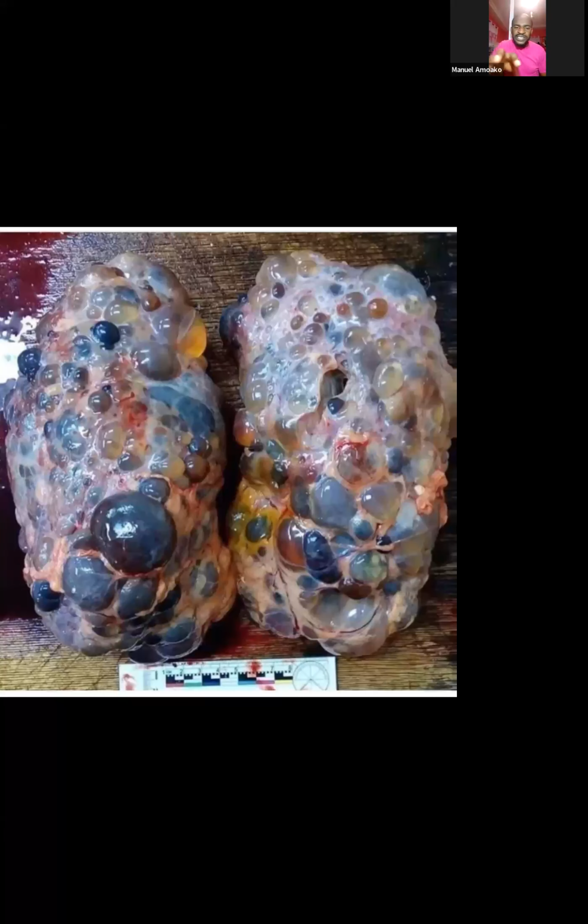This is how polycystic kidney disease looks like as a result of infections caused by sexually transmitted infections like gonorrhea, like syphilis, like chlamydia, like human papilloma virus, and the likes. So it is advisable that anybody who has any sexually transmitted infection, make sure you treat it very well before it affects your kidneys.